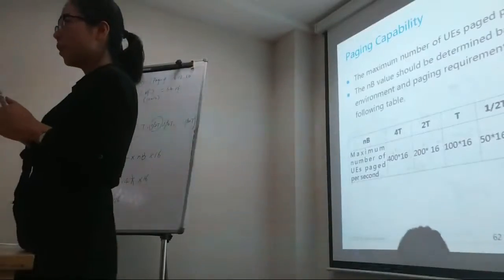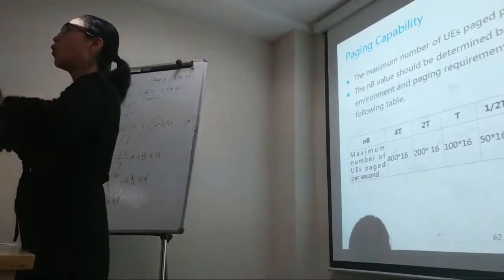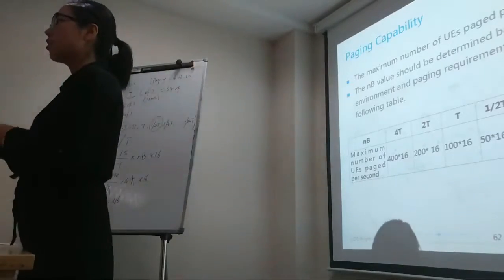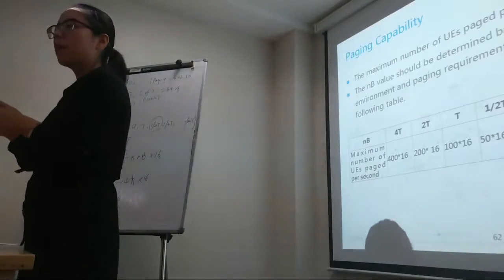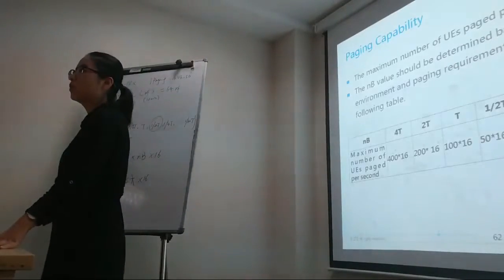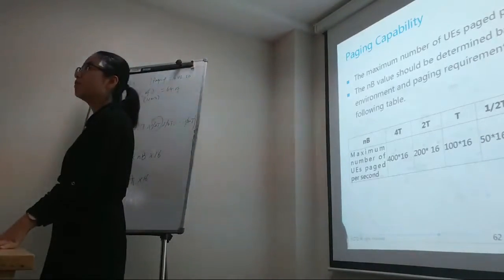It doesn't affect the inode B paging capacity, because the inode B side always transmits the pages. But which parameter will affect the inode B capacity? NB, this value, right?